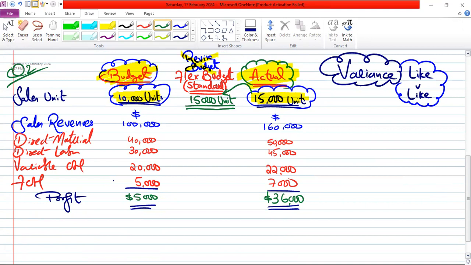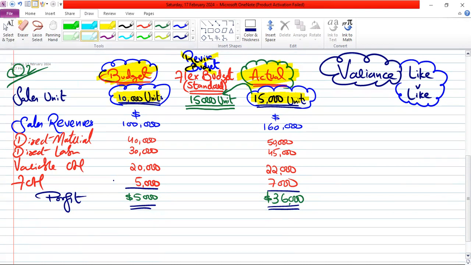We have a formula for flex budget. I can write a formula, but I don't want you to use the formula. I want you to use simple logic. If you can answer me, you have the formula in your mind. Otherwise, I will write the formula.